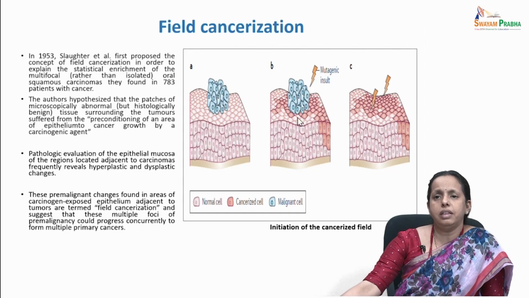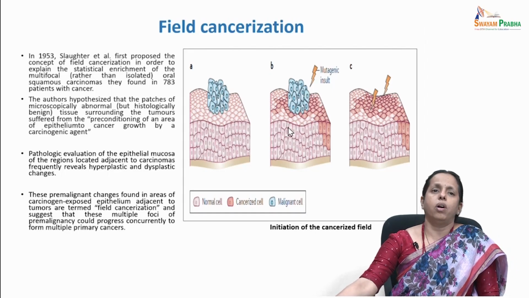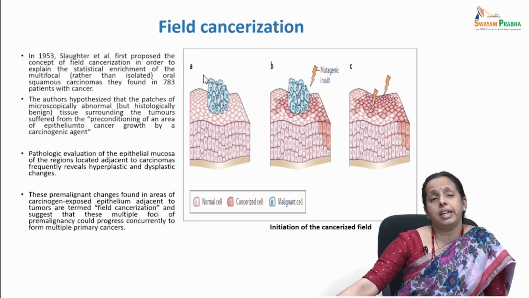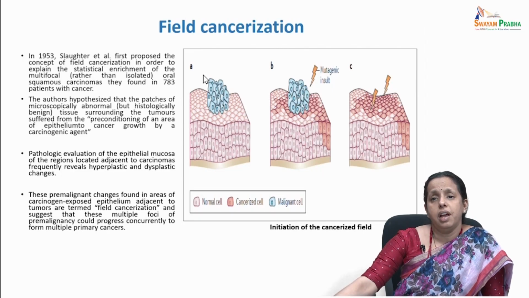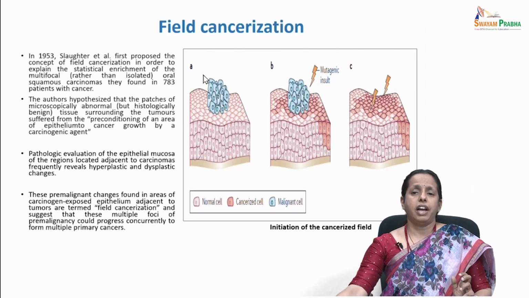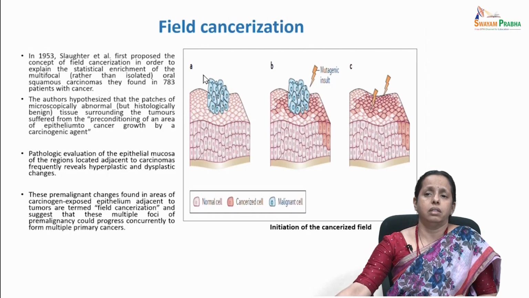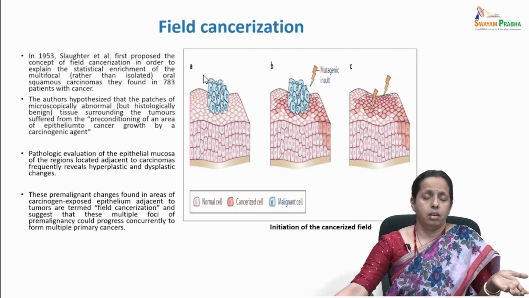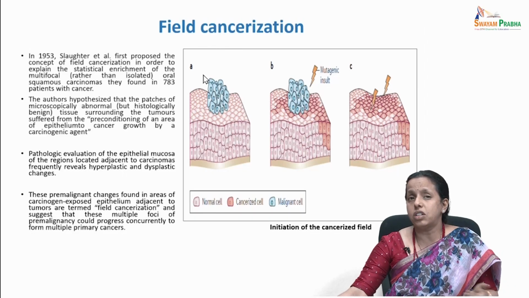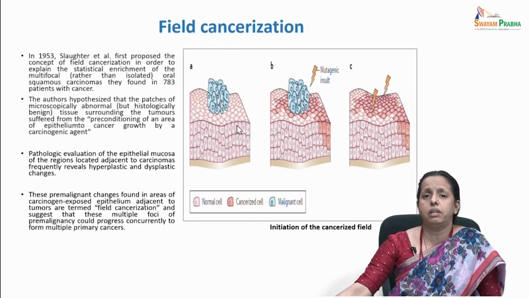For example, in the lung, especially the bronchial epithelium, is a perfect example of field cancerization, where either a genetic background, or exposure to smoke or to a potent carcinogen in the environment, could trigger that.